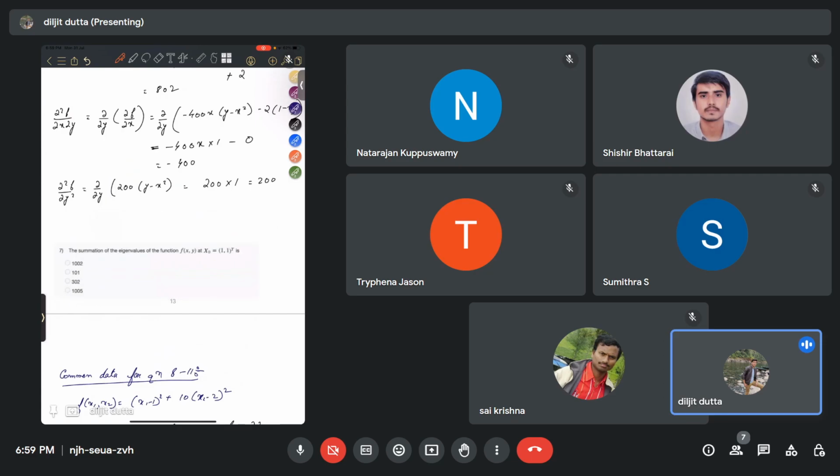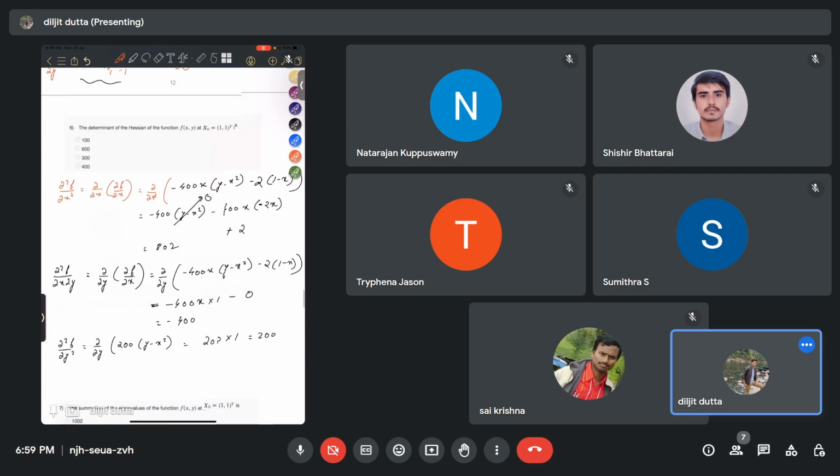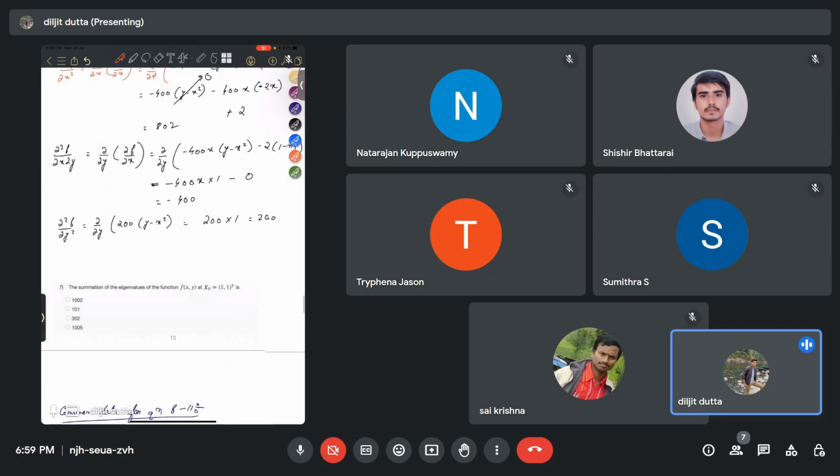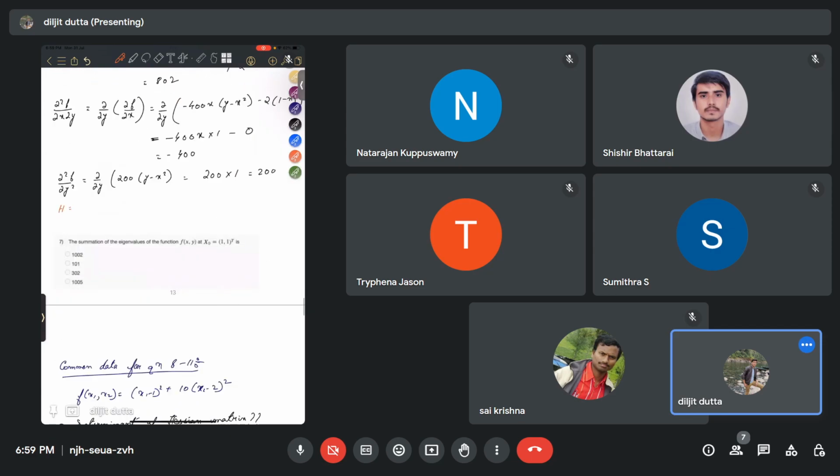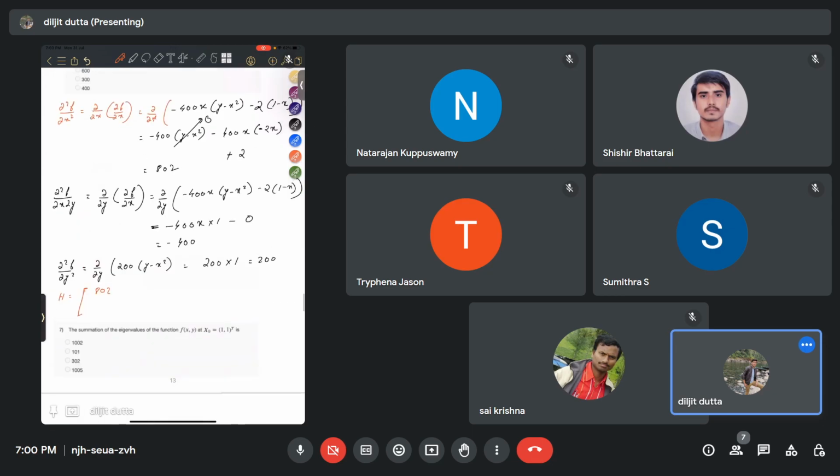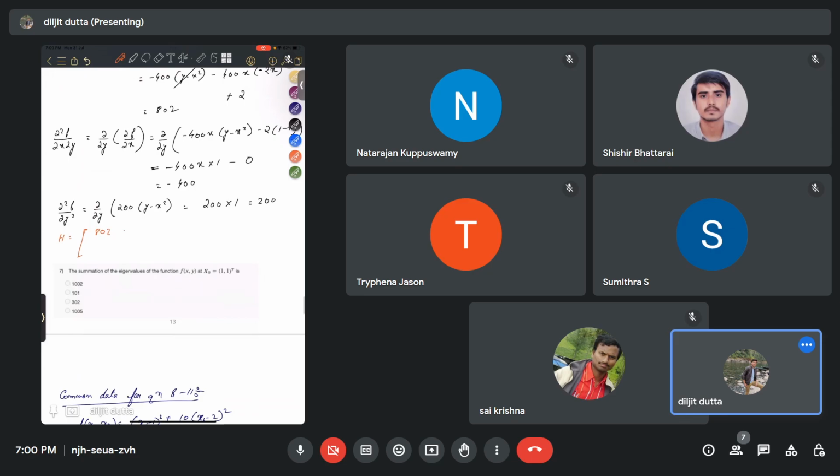So the determinant of the Hessian matrix will be given as 802, minus 400, minus 400, finally 200.